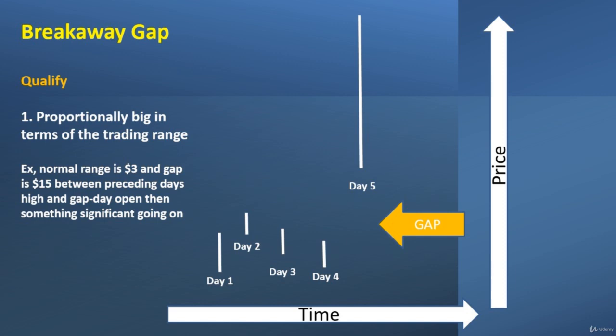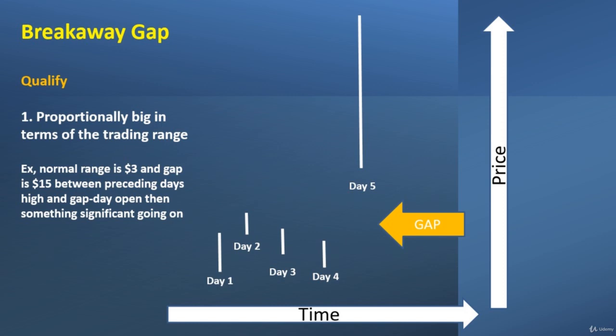So for example, if the normal range is, let's say, $3, or whatever your currency is, and the gap is $15 between the preceding day's high and low, and the gap day then opens up higher than that, that might show you that something significant is going on. There's a big gap in between the prices, and the more significant the gap, the more impactful that is, and the more likely you might have a true breakaway gap.